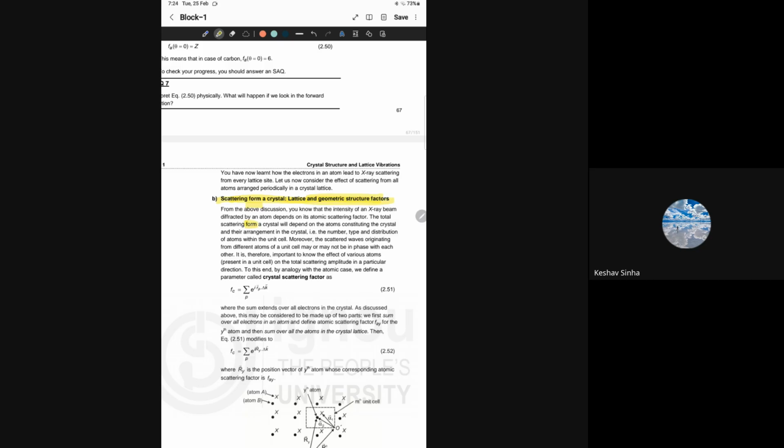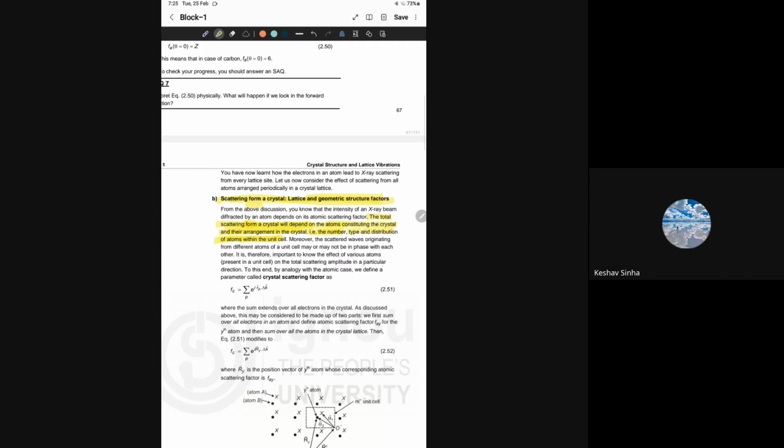The total scattering from a crystal will depend on the atoms constituting the crystal and their arrangements in the crystal, that is the number, the type, and the distribution of atoms within the unit cell. That is very much important.